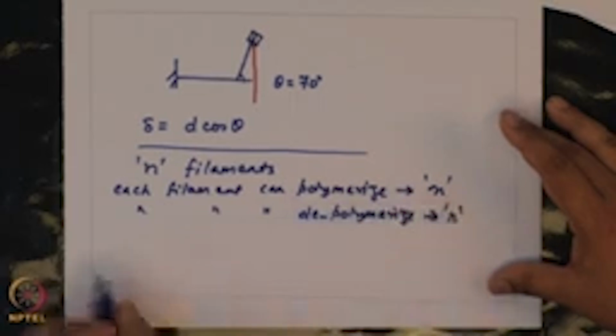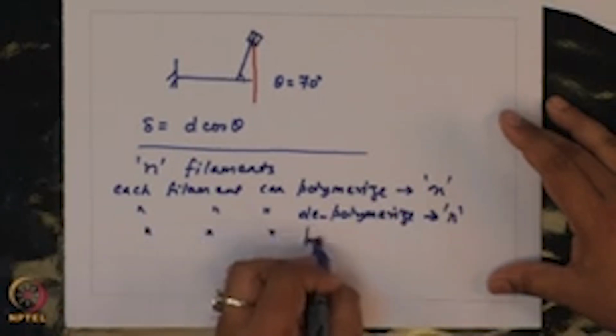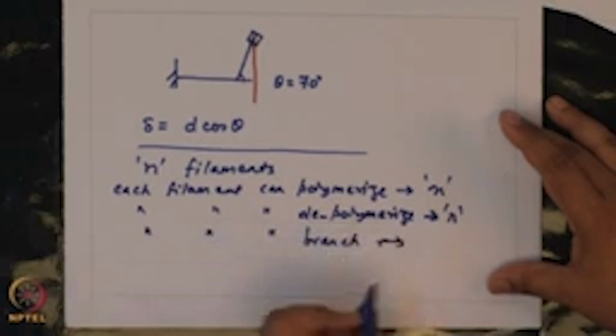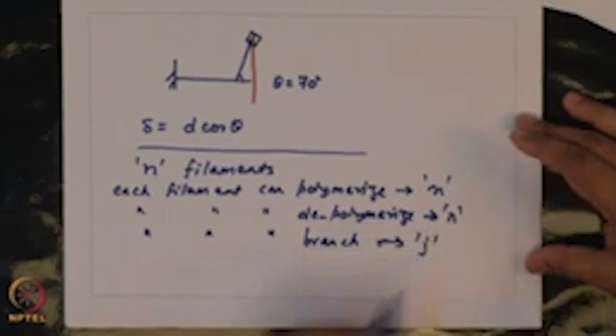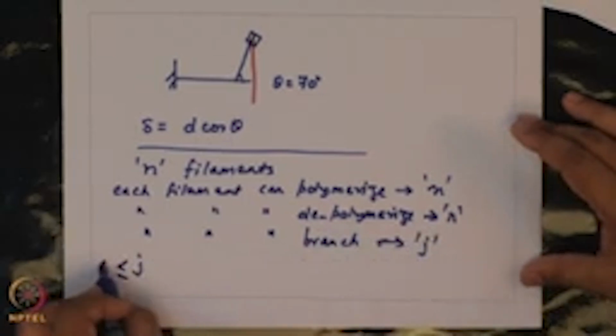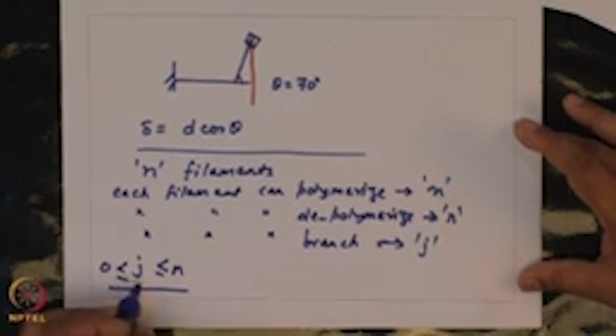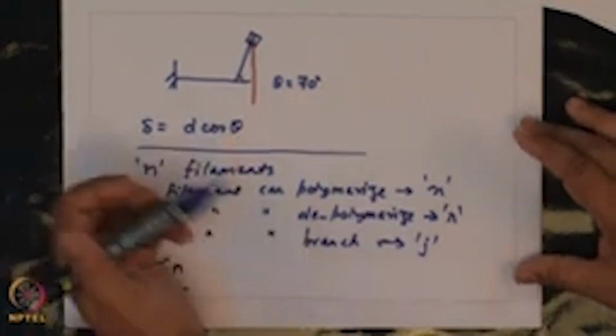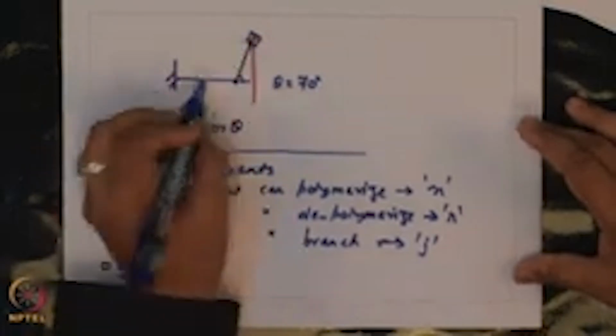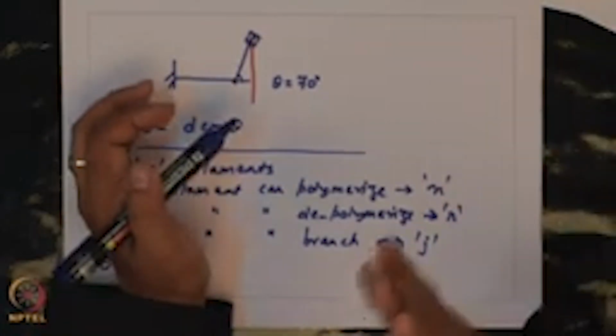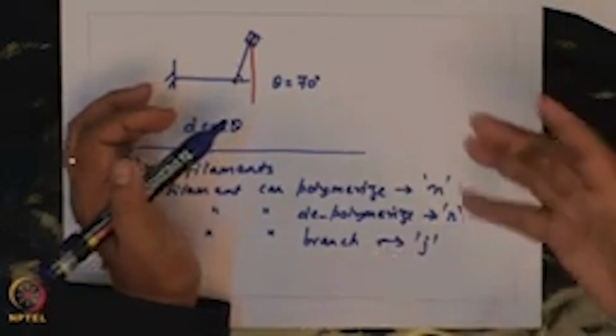Again, there are n possibilities, and each filament can branch. Here it is not necessarily n possibilities, but j possibilities, where j is less than or equal to n. You must have this constraint which is always fulfilled. Why is j less than or equal to n? Because we have the constraint that the minimum distance between two branching points has to be greater than dBr. So, you have some intrinsic branching rate kBr, but that will only come into play after you have the distance. So, there are a total of 2n plus j events.